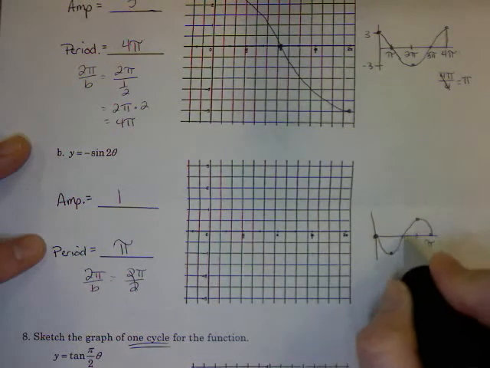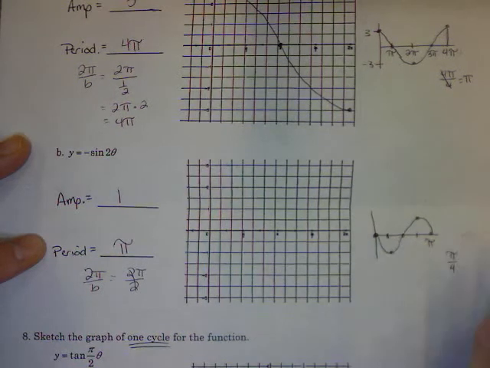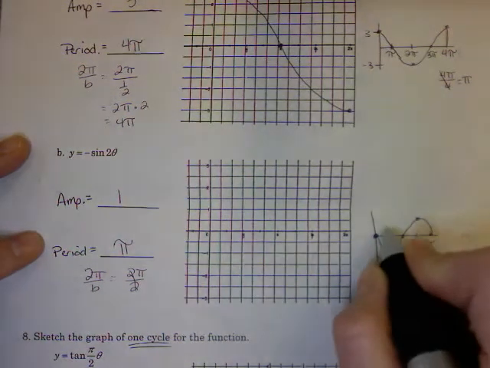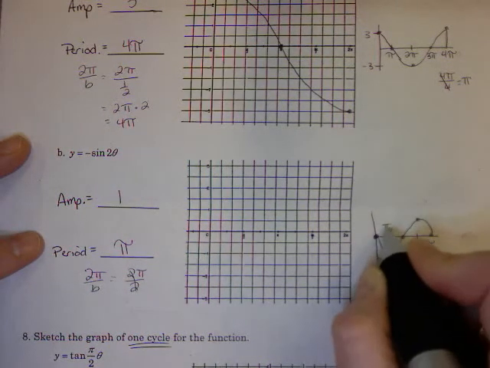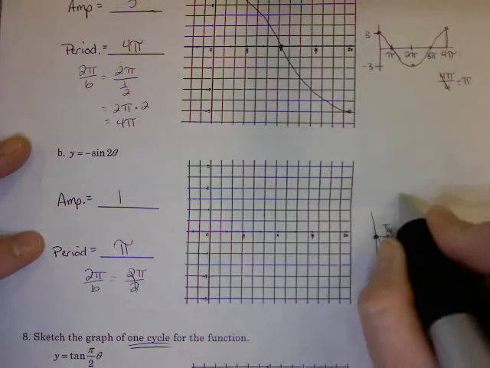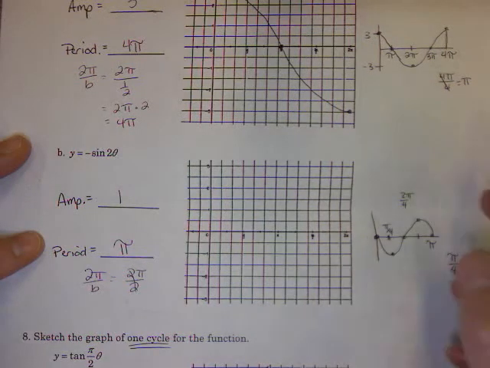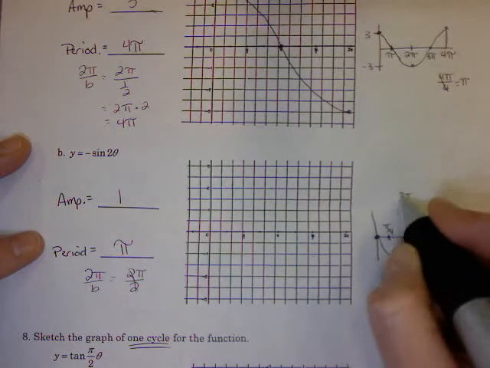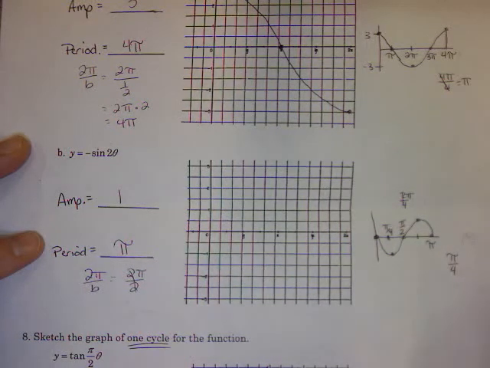Again, this is split into 4 equal intervals, so I'm going to take pi and divide it by 4 to figure out the first coordinate. That's just pi over 4. The next one is pi over 4 plus pi over 4, which is 2 pi over 4, and if you reduce it, you end up with pi over 2.